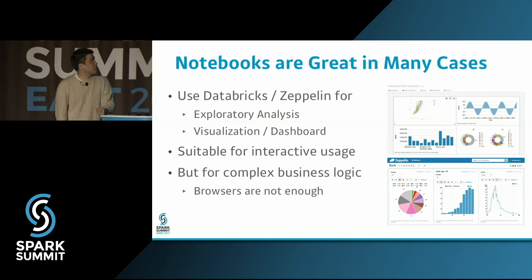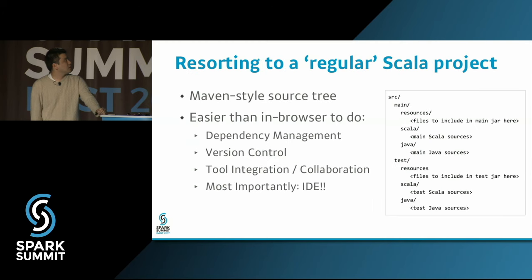They're very good for exploratory analysis and visualizations or dashboards, and usually suitable for interactive interfaces, usually in web browsers. But for more complex business logic, wherever the lines of code exceed around 20 lines, browsers are just not enough when we have a lot of dependencies and the logic is too complex.